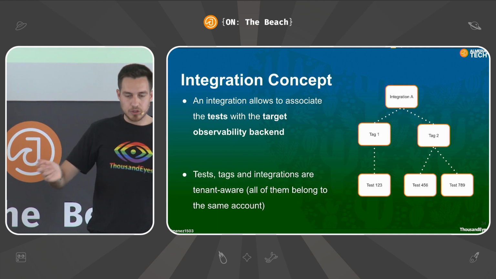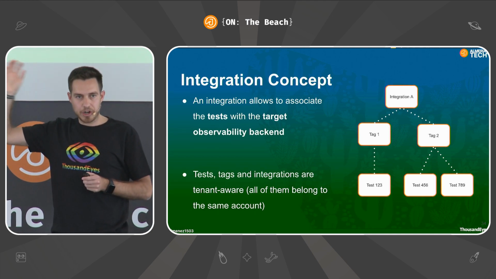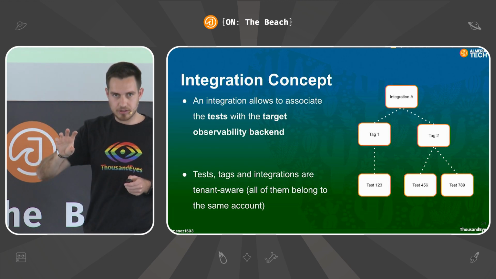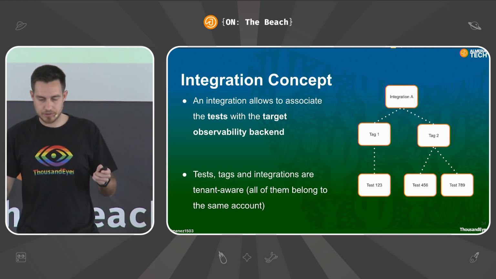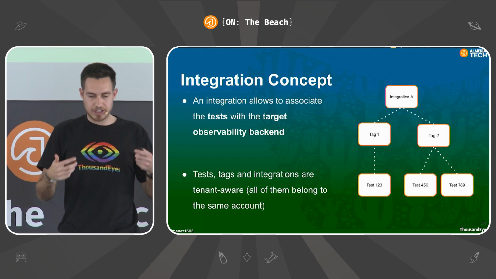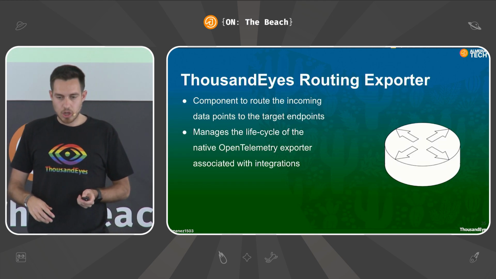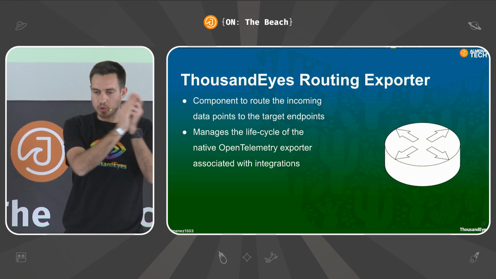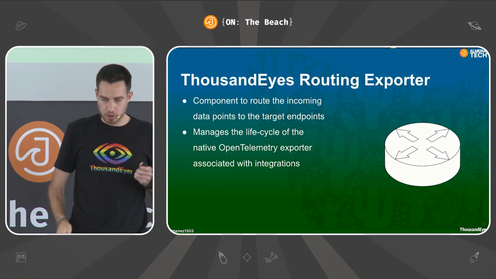We are going to solve that using the concept of tenant aware. An integration, a tag, and a test are going to have the same account ID, which means that they are going to have the same tenant. And then we are going to have our router exporter, which decides to which place each data point goes.